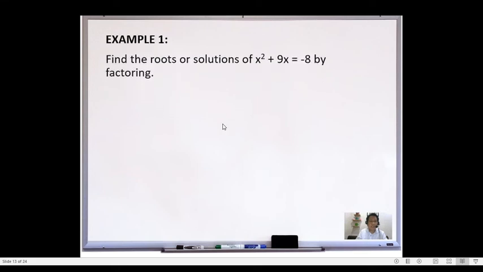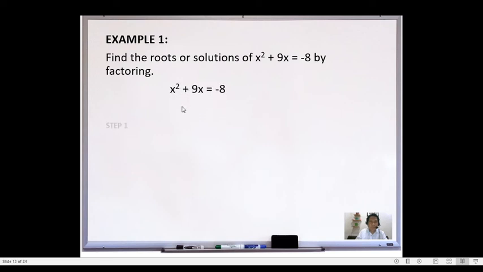For number 1, find the roots or solutions of x squared plus 9x is equal to negative 8 by factoring. So for step 1, we are going to transform that one into the standard form. So this will give us x squared plus 9x plus 8 is equal to 0.